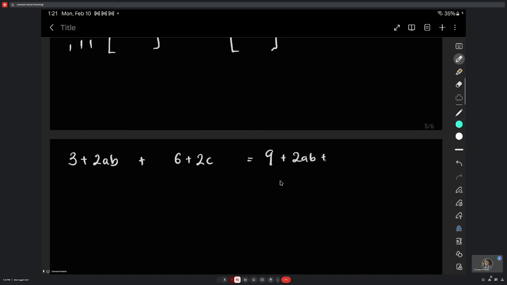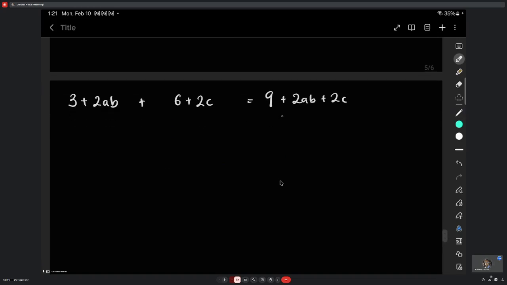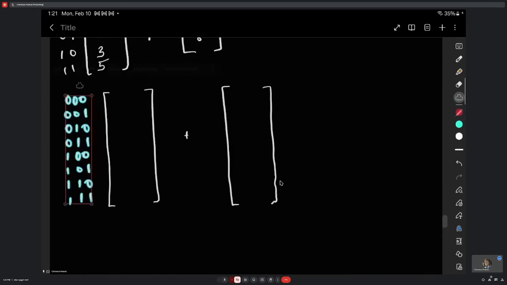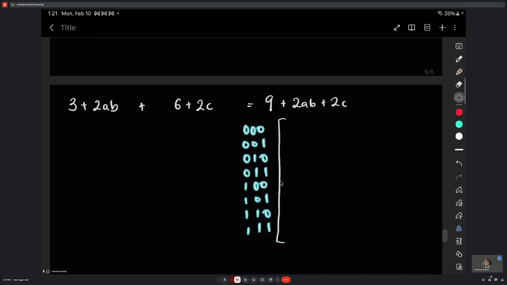Plus 2AB plus 2C, which in evaluation form will be, okay, so that would be 9, right? This will still be 9.